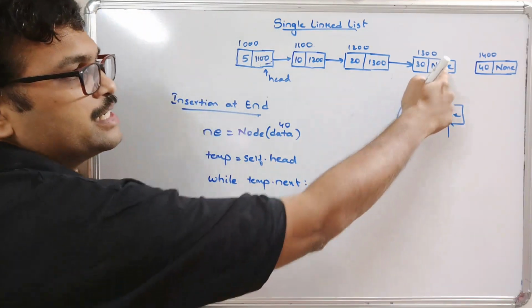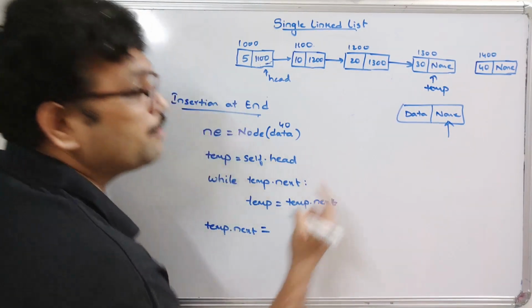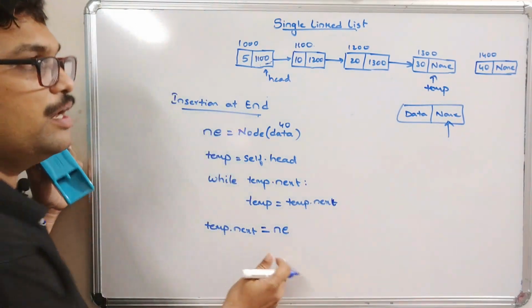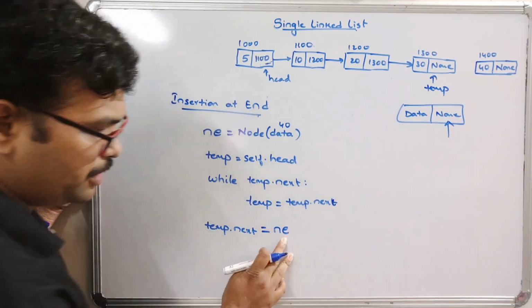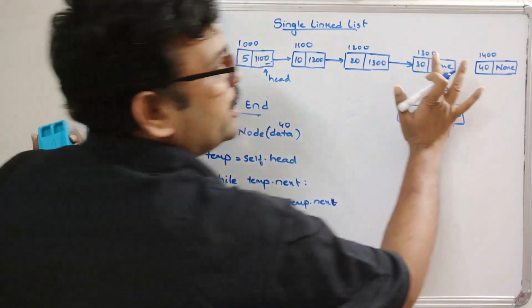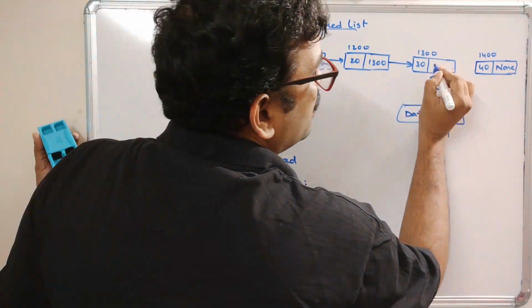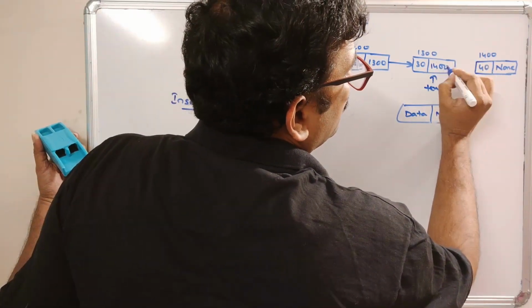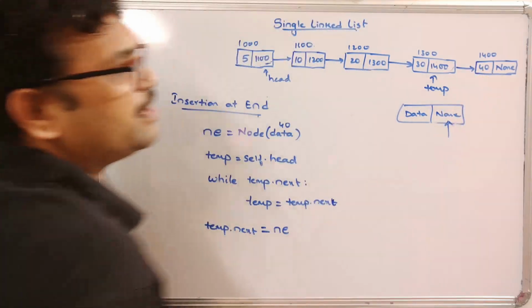Now temp dot next is none, which should have the position of the new node, that is NE. So automatically the NE address will be stored into temp dot next. Here none will be replaced with 1400, so a link will be established here.